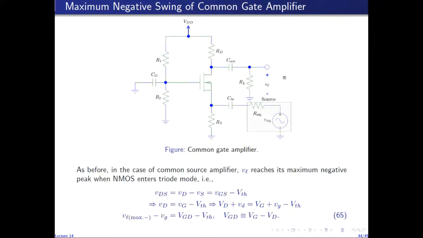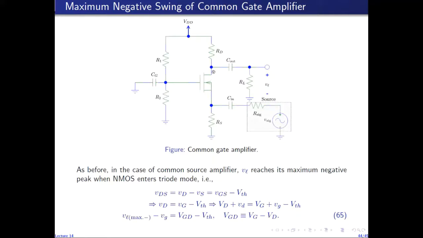And since VL is increasing in the negative direction, the AC component of drain voltage is increasing in the negative direction, which means that the total drain voltage is decreasing, which increases the drop across RD, which increases the current through RD. So the current through RD is increasing. The current through RL flowing in the upwards direction into the drain is increasing.